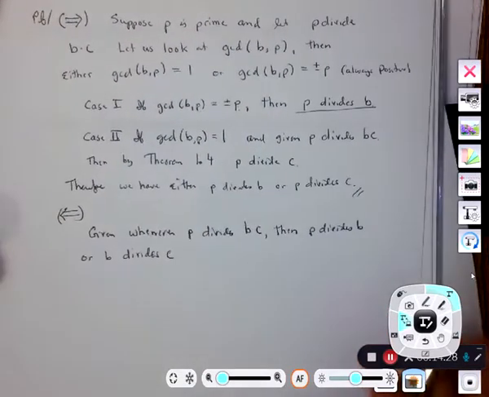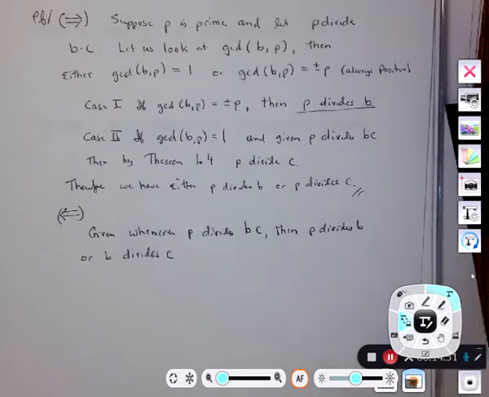Whenever we're given that P divides a product, P either divides the first guy or it's going to divide the second guy. Okay? And I'm going to use a technique of proof called proof by contradiction or proof by contrapositive. I'm going to assume the opposite of what I want to show, and then I'm going to get a contradiction, that can't happen. That's a proof by contradiction.